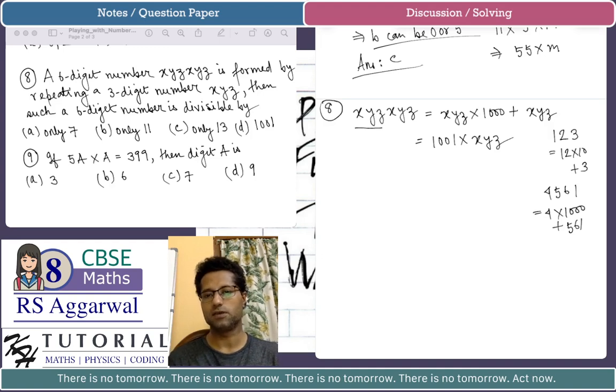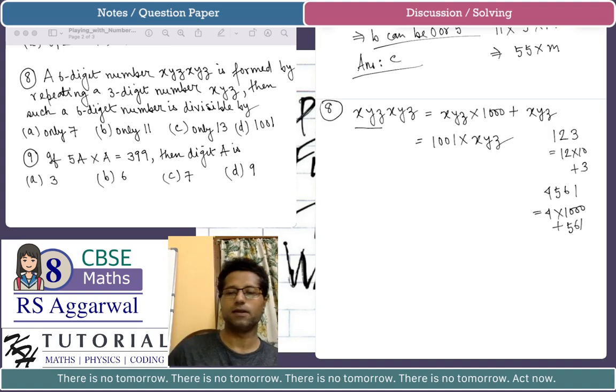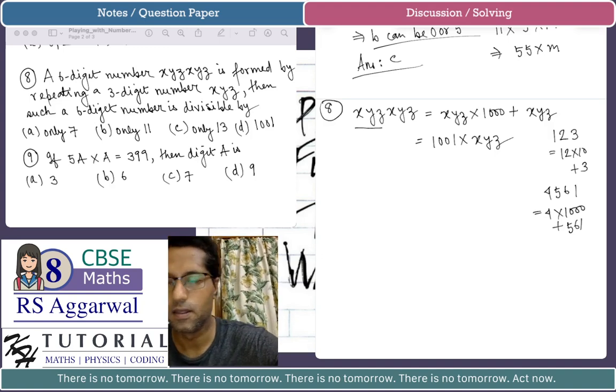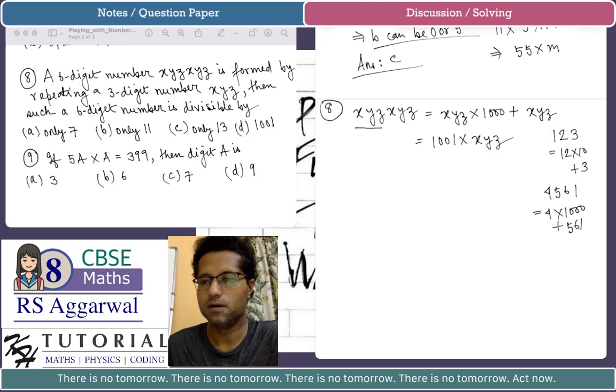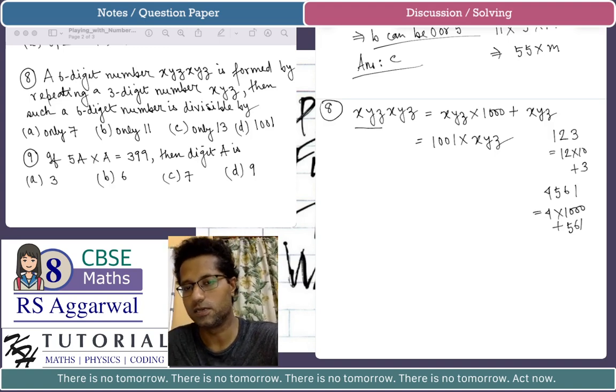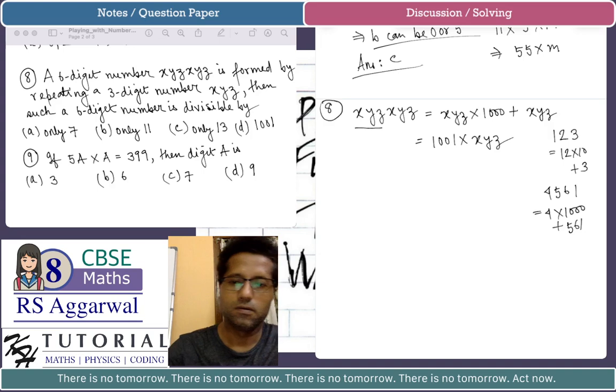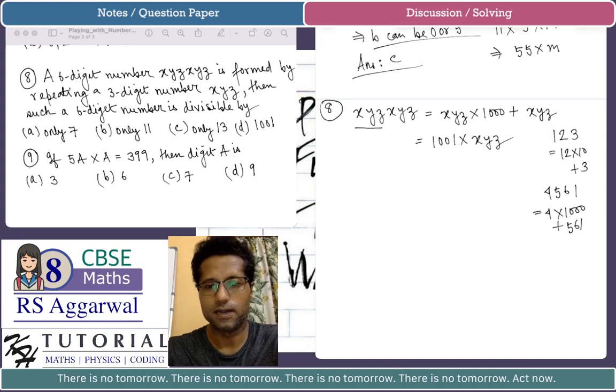We know that this 6-digit number xyzxyz is divisible by 1001 and xyz. Whatever the digits xyz are, the number xyz will also be a factor of the 6-digit number xyzxyz. So from the given choices, we can say that the correct choice is D. The correct choice is D.